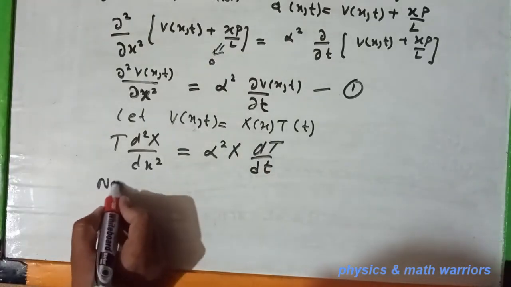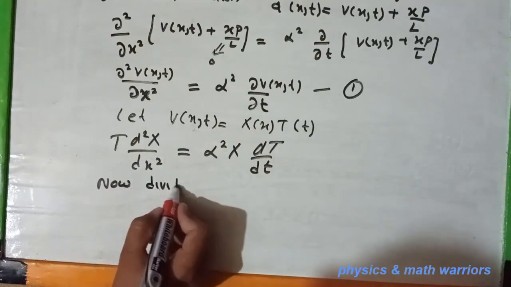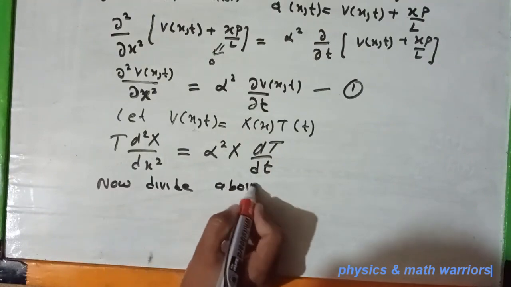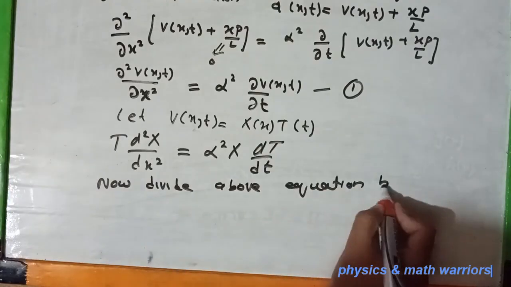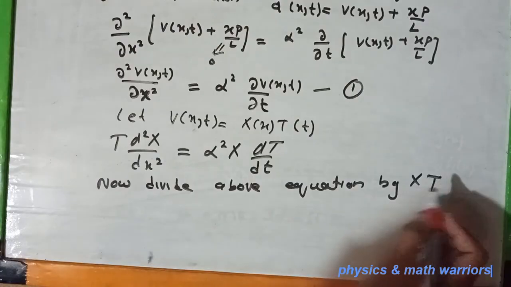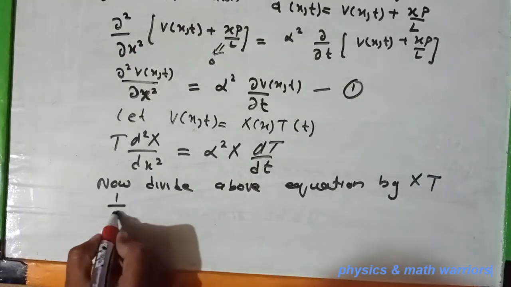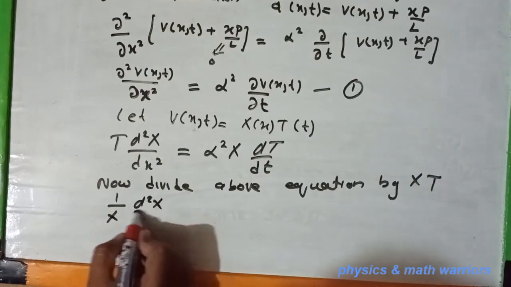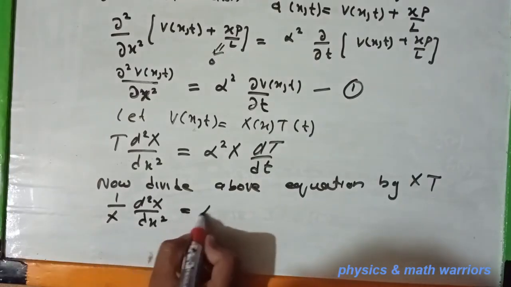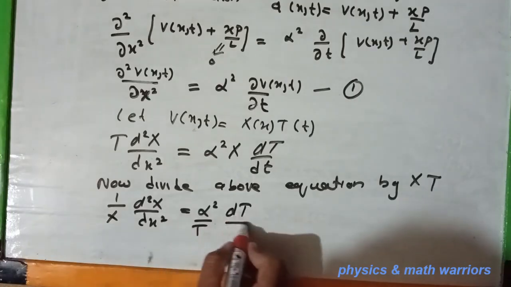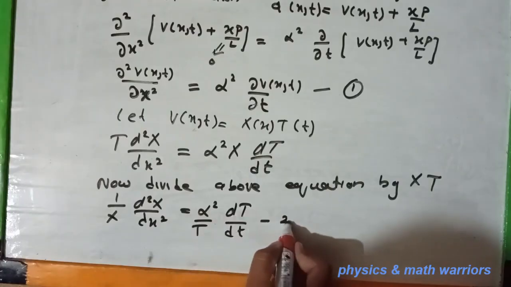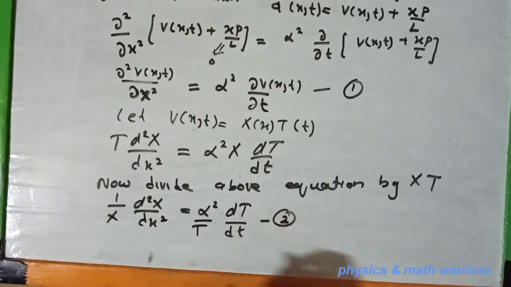Now divide the above equation by XT. So this becomes (1/X) d²X/dx² = (α²/T) dT/dt. This is equation number 2.